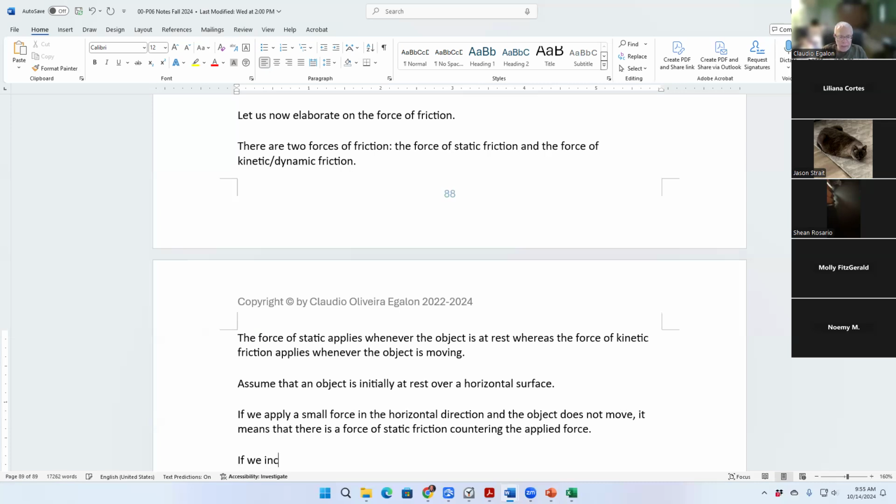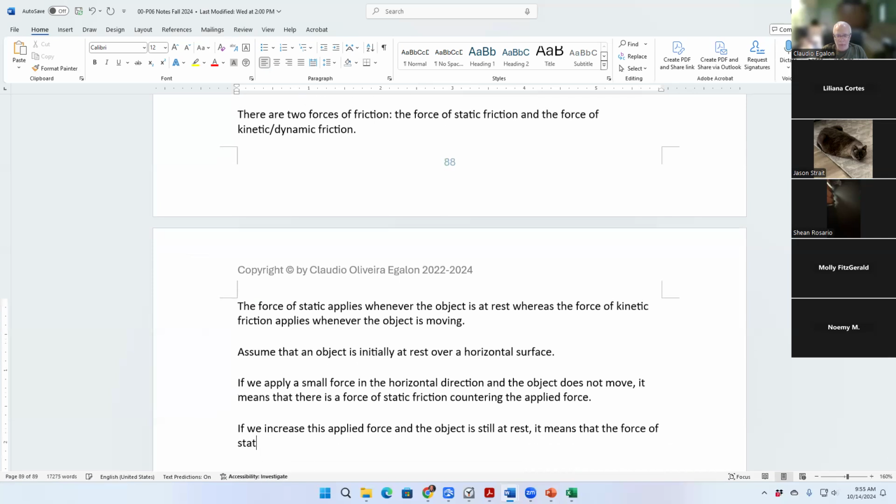If we increase this applied force and the object is still at rest, it means that the force of static friction increased accordingly, and it is still countering the applied force.